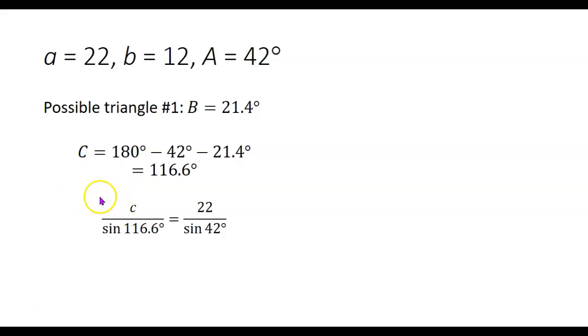Then, once we have our big C, we can find our little c with the law of sines, putting that together with one of the other pairs. So little c over sine of big C equals little a over the sine of big A, and from that we get that c equals 29.4. So there's one possibility where B is 21.4 degrees, angle C is 116.6 degrees, and then side c is 29.4.